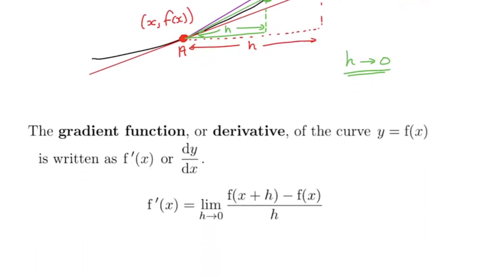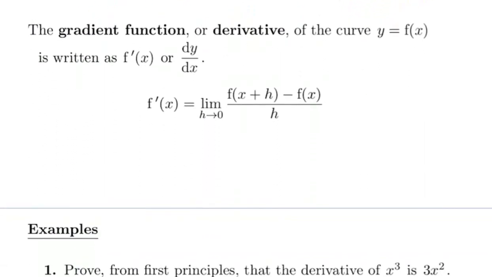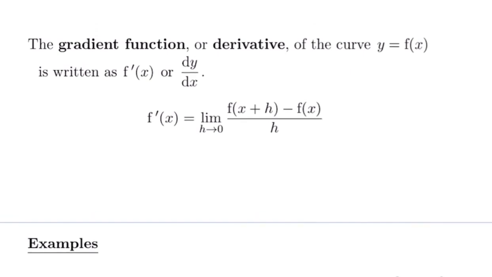So have a little look. The gradient function, or sometimes referred to as the derivative of the curve y equals f of x, is written as f dash of x or dy/dx. Now, f dash of x is what we use if we started with our original function in function notation, and this is referred to as Lagrange notation.